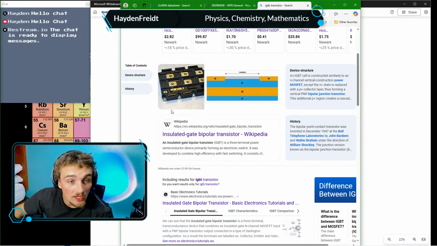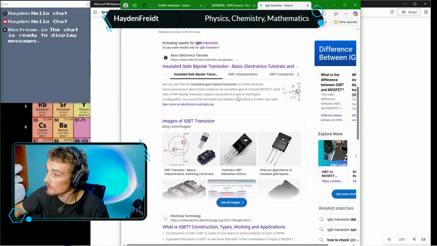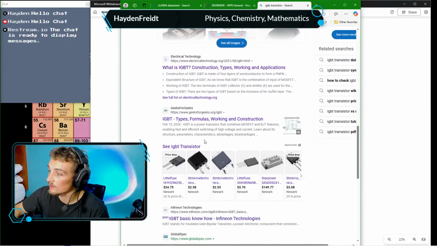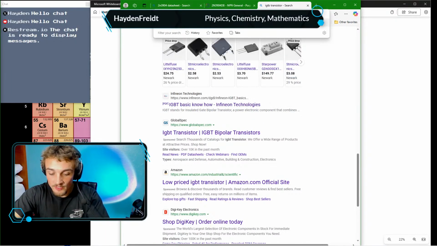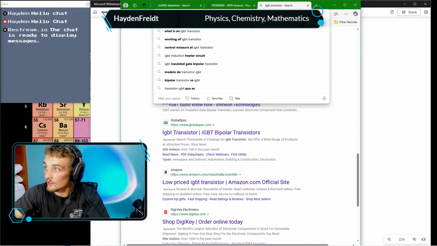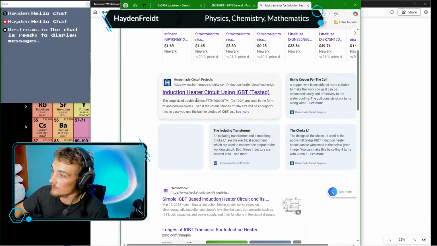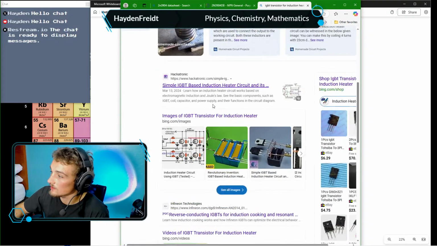IGBT. No way I got that correct. IGBT transistor for induction heater. Induction heater circuit using IGBT.